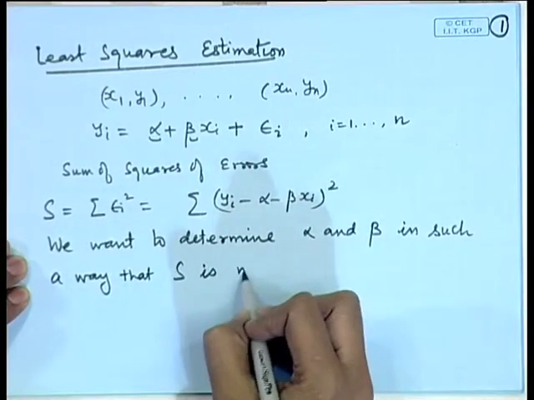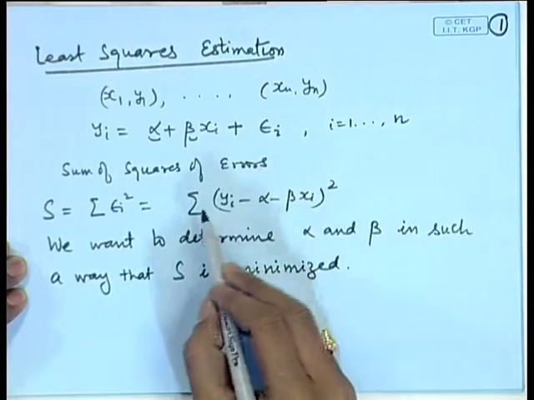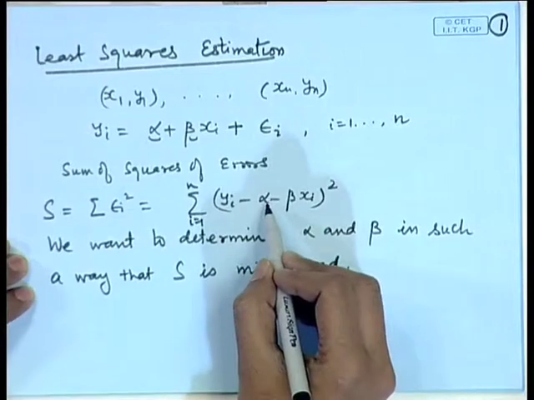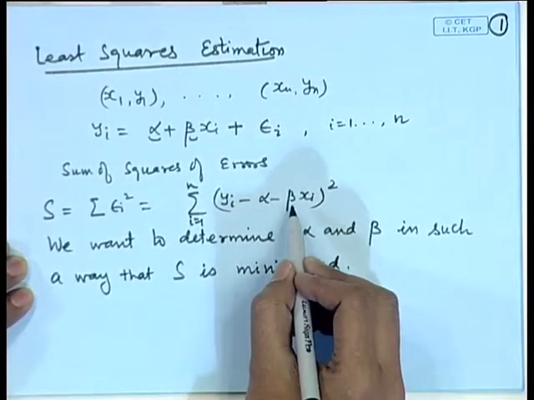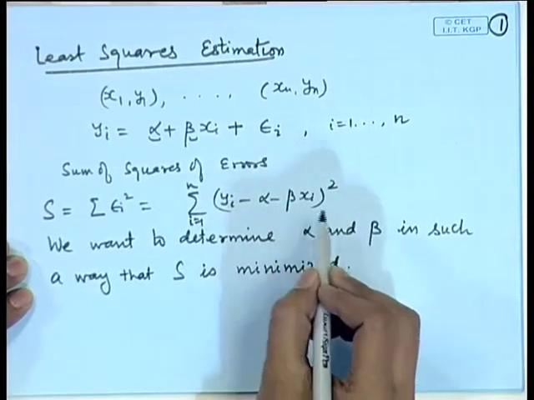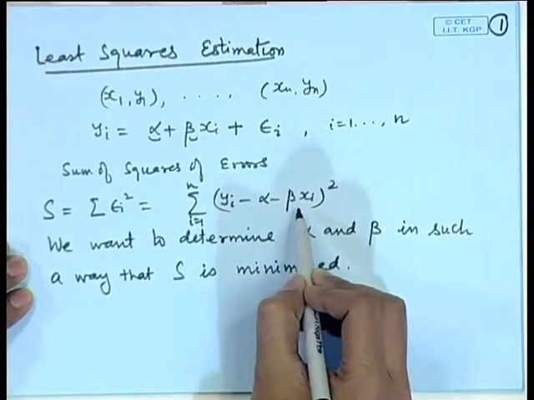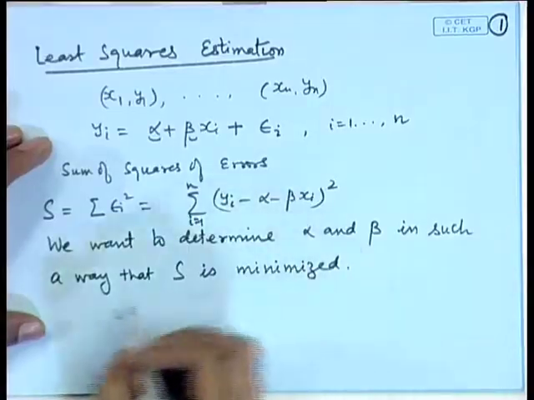S is minimized. Now, by looking at the nature of this function, it is easy to see that the minimizing choices of alpha and beta will be obtained when the first order derivatives of S with respect to alpha and beta are equal to 0, because here it is a quadratic function in both alpha and beta, that means, it is a bowl shaped function and therefore, the minimization will occur when the first derivative is 0.